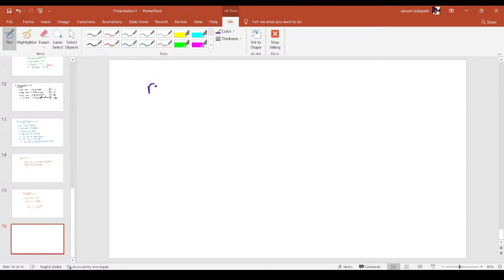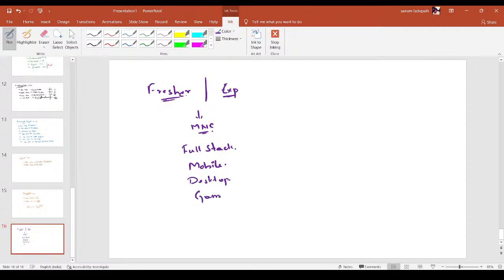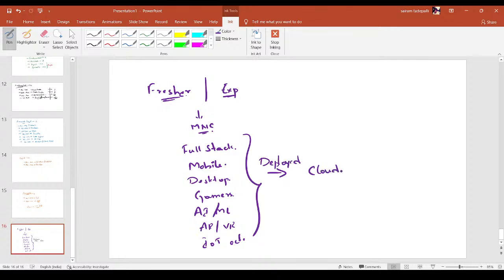So even you are a fresher or experienced, when you are into MNC, even you are a full stack developer or mobile app, or even any kind of desktop apps, gamers, or any AI ML part, AR VR, augmented reality, virtual reality, IoT, anything, ultimately your application will be deployed in cloud.